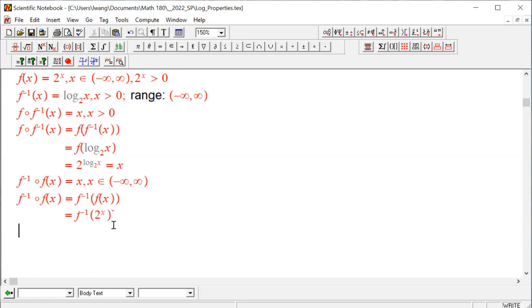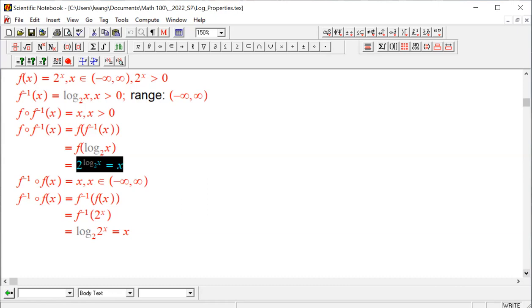And if we plug in for f inverse, this is log base 2, so we get log base 2 of 2 to the power x. And of course that's going to be x. So we get these two very interesting properties, especially this one, very useful.